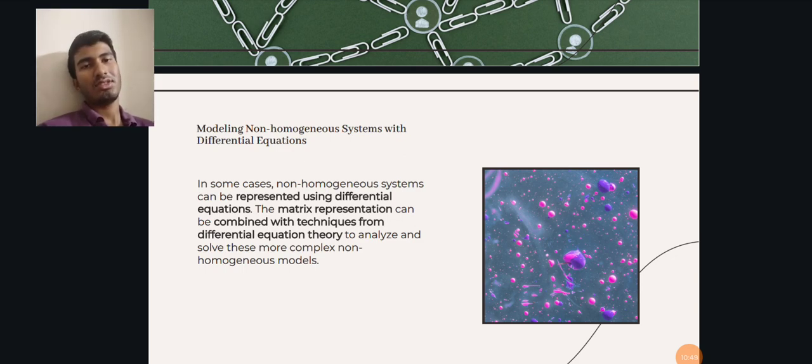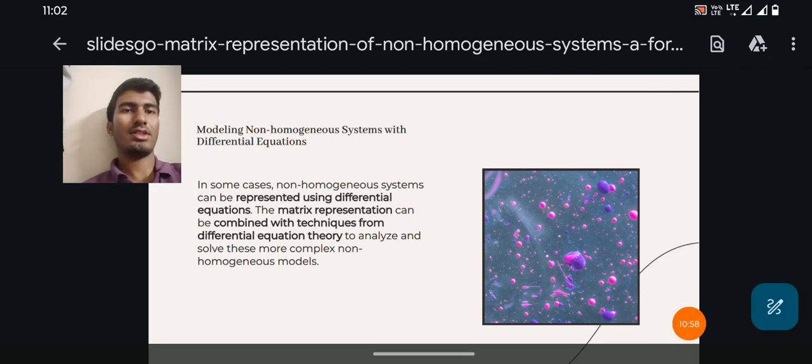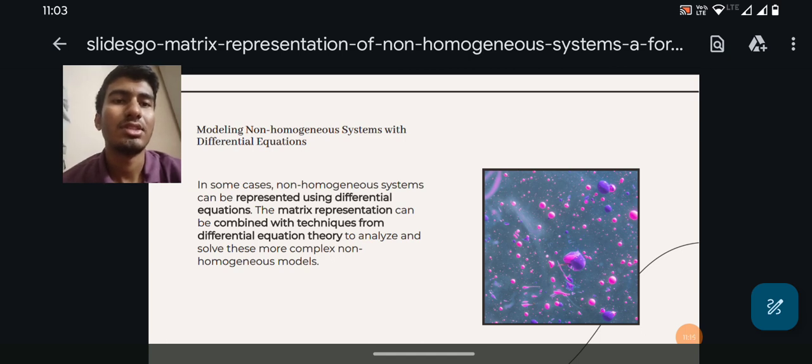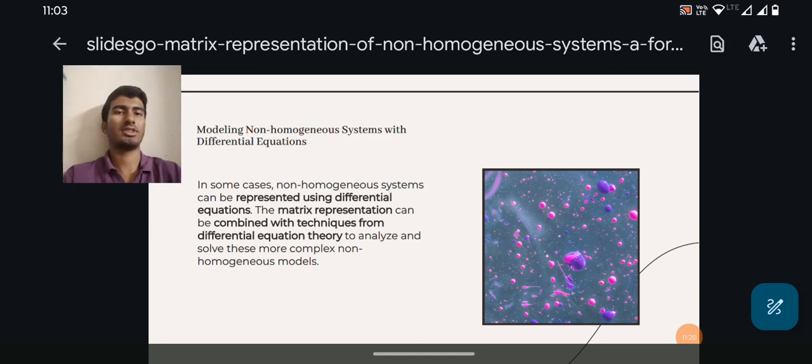Non-homogeneous systems can be represented through differential equations. The matrix representation can be combined with techniques from differential equation theory to analyze and solve these more complex non-homogeneous models.